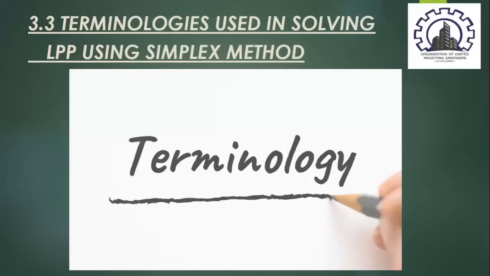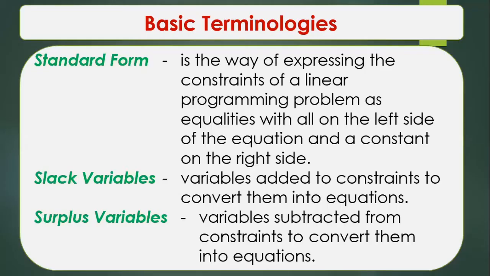First, we have the standard form. Now, standard form is the way of expressing the constraints of a linear programming problem as equalities, with all variables on the left side of the equation and a constant on the right side. Second, we have slack variables.